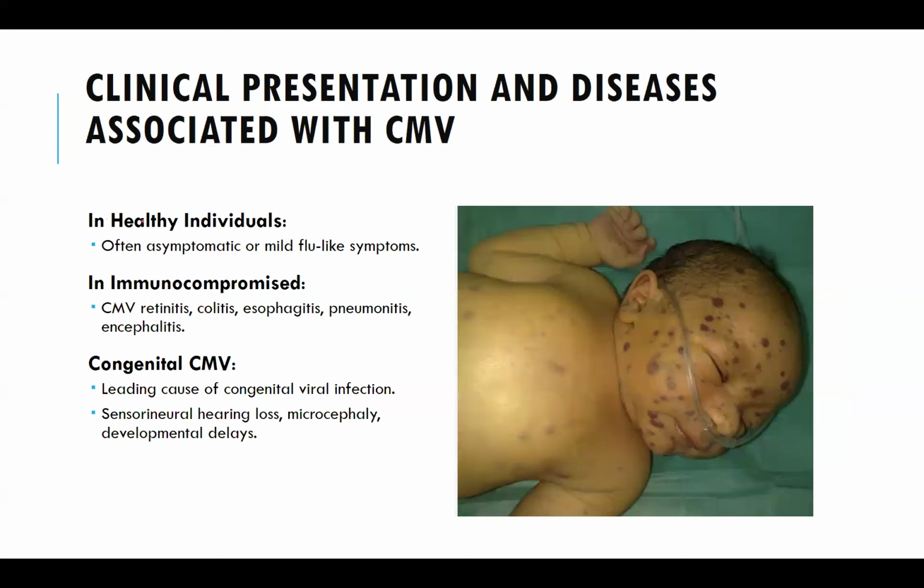So the clinical presentation in CMV and associated diseases: if someone has good immunity and they're healthy, usually this infection is asymptomatic. But when it comes to the immunocompromised, they can actually get retinitis, colitis, esophagitis, even pneumonia, encephalitis, all this resulting from HIV.